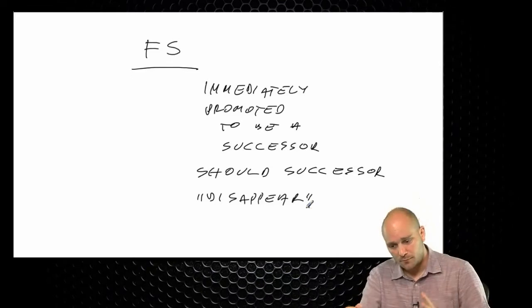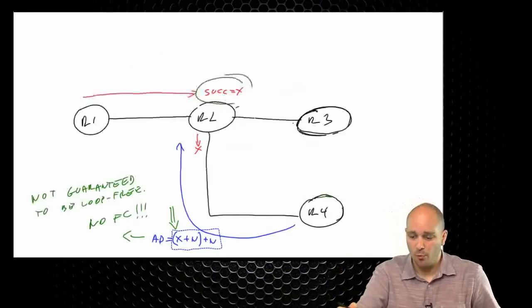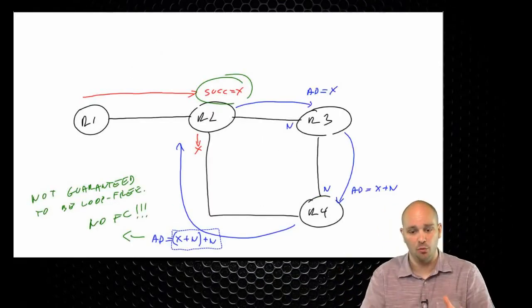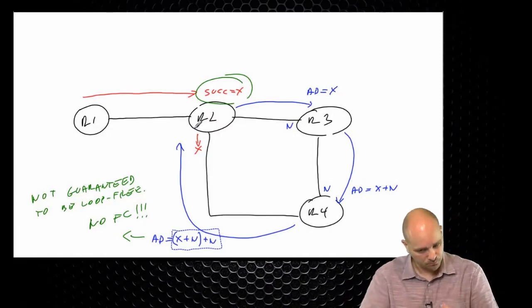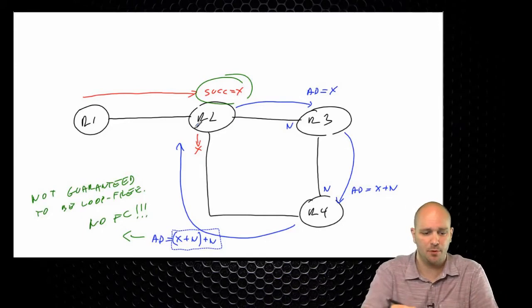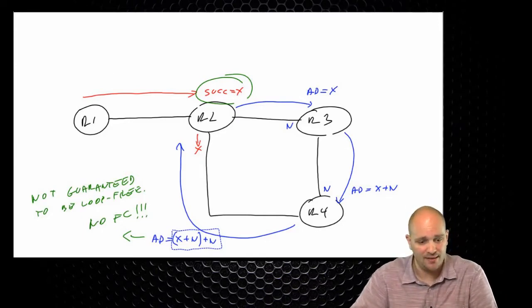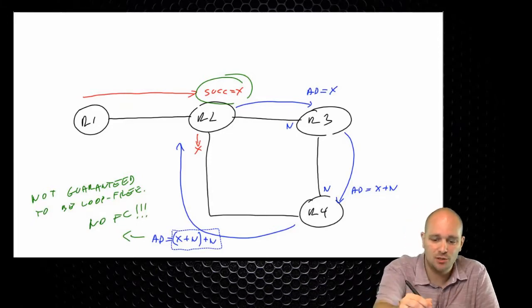Now, in this case here, when we actually did have a loop, this second best route that R2 received cannot be immediately promoted. So what needs to happen in that case? Let me just make a copy of this page. What needs to happen here on R2 if this route actually disappears from the routing table?